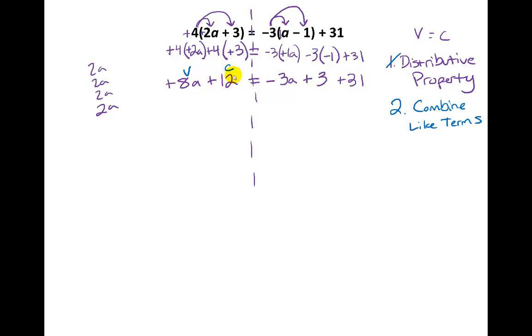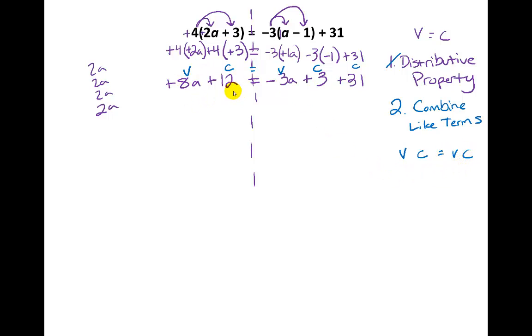That's a constant. It's just the number. Equaling, I have another letter with a number, so that's a variable term. I have just a number, so it's a constant. And I have another number. It's a constant term. What I need to do now is I need to get a v and a c on both sides, nothing more.